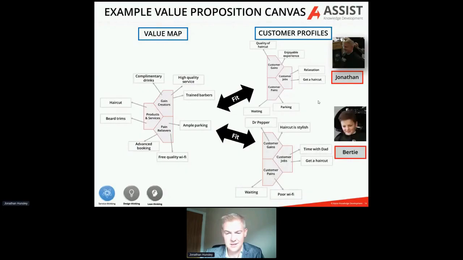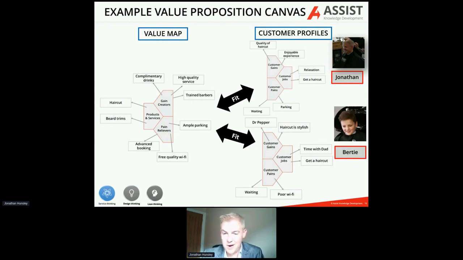But if we compare that to my son, well, he's more interested in making sure he can download the latest thing on YouTube or Netflix on his tablet. He definitely wants the Dr Pepper or the Irn-Bru, and he wants to look good when he's playing football. And this approach, service thinking, service science, and I'm just showing a few different tools and techniques to help you to explore this domain today.